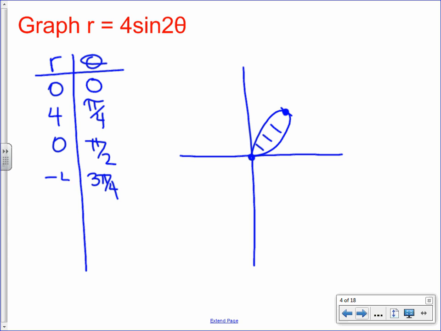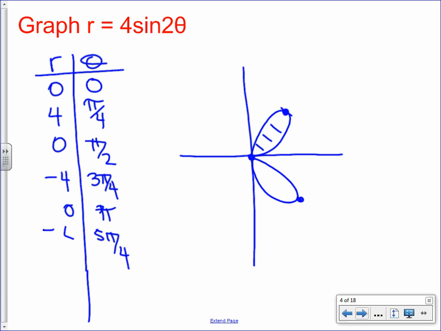It's -4. At pi, 0. At 5 pi over 4? It's -4.